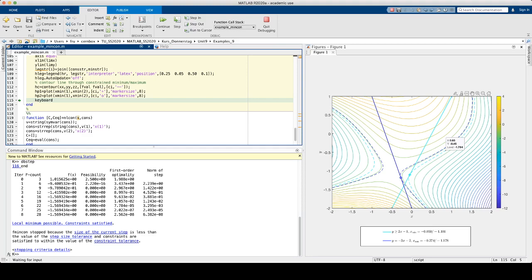The solution has to be on this line, and the solution is a point where the function value of our function along this line is minimal. Again, I've also drawn the contour line through this point, and you can see that the contour line is parallel to the constraint line at the point of solution.